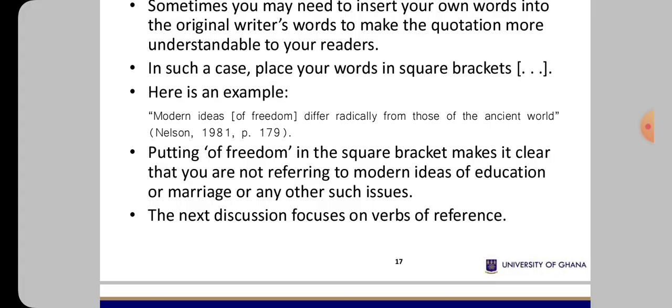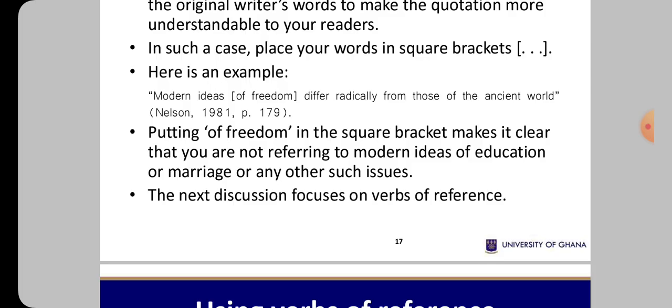But I wanted to be more specific, so putting "of freedom" in the square bracket makes it clear that you are not referring to the modern ideas of education or marriage or any other such issue. So you get it. I'll be able to limit it. So that is it.